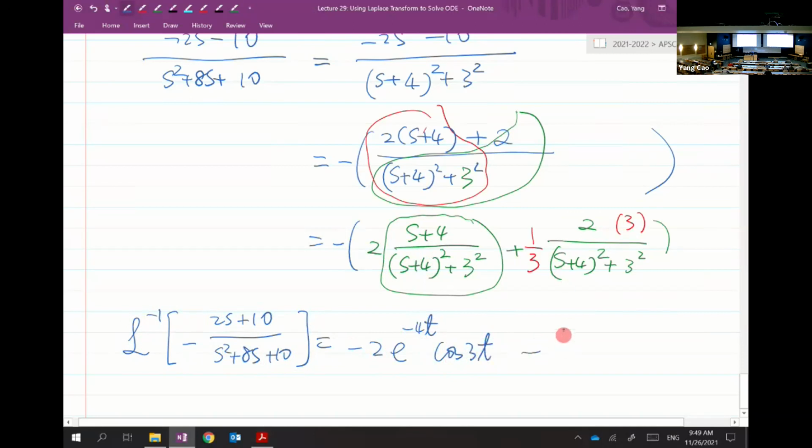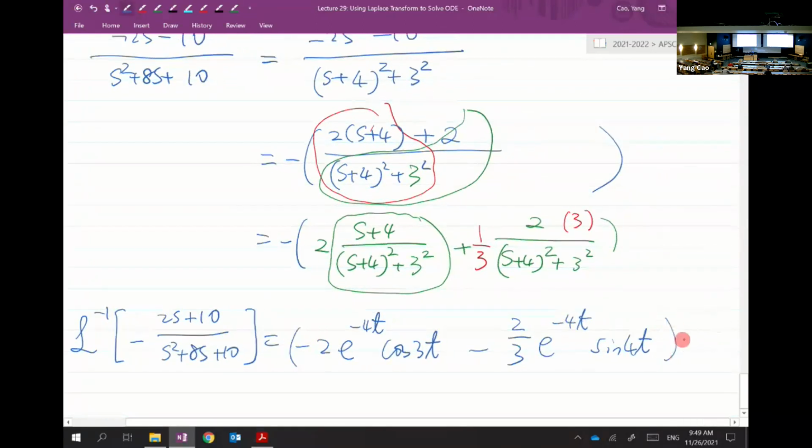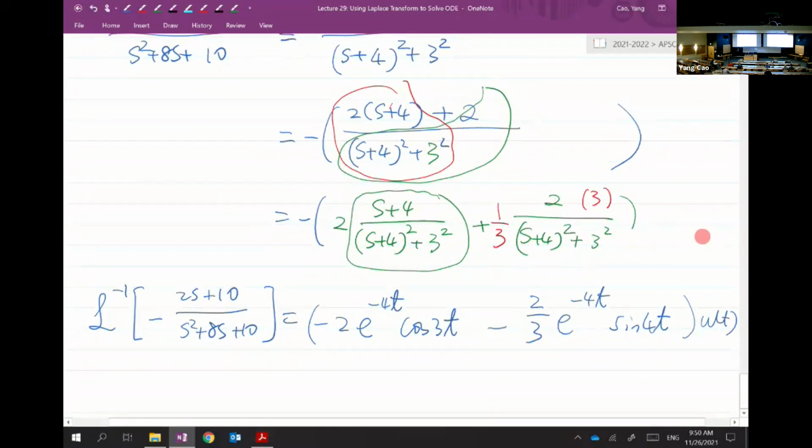And the next one is 2/3 times e to the power negative 4t and then sine 3t. Technically you should multiply everything with u of t to indicate this is a causal function. But that's the end of it, right? So this is your inverse Laplace of the second term, which contains the complex conjugate roots.